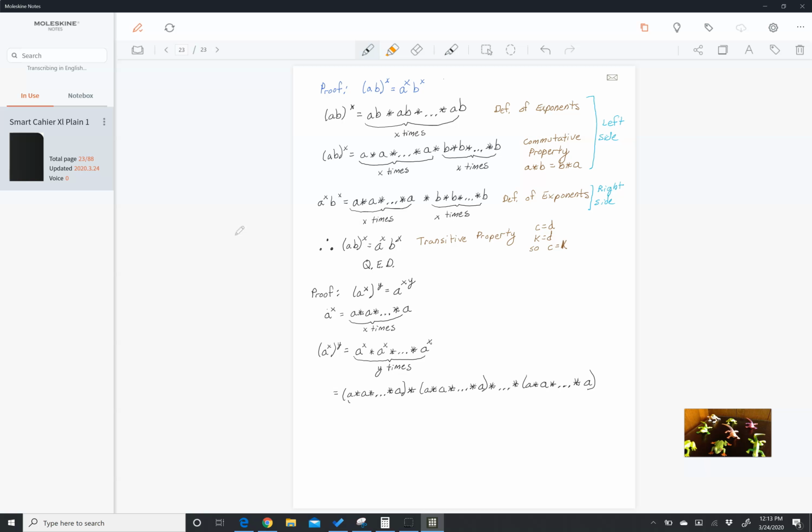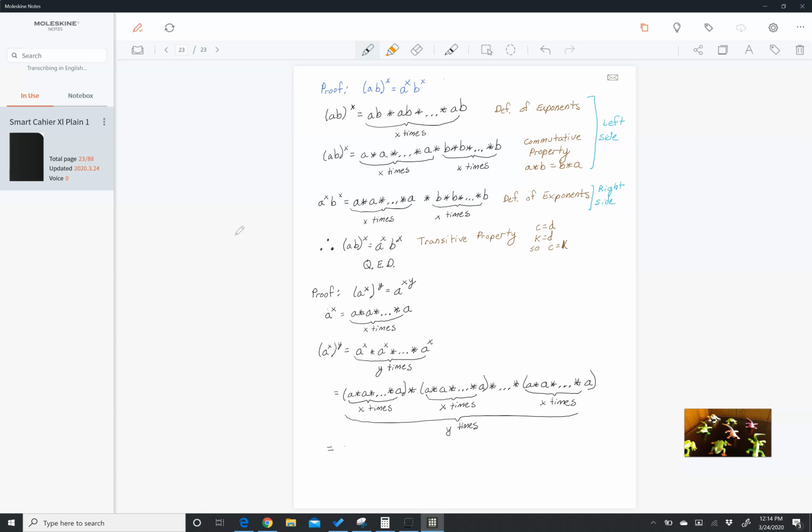So each of these is happening x times. All of these are just definition of exponents. So far, that's the reason for everything. And then this whole thing is happening y times. So here's what we know.